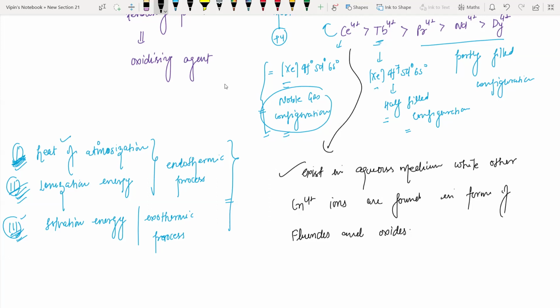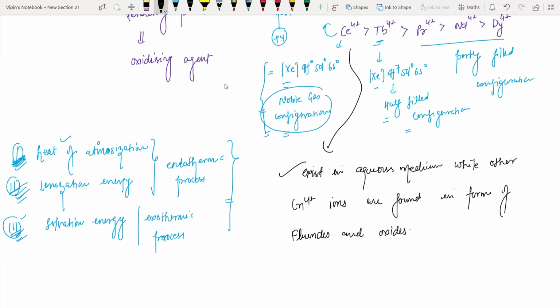So the cerium plus 4 oxidation state will be stable only when cerium interacts with any ligand, or with any solvent. Then the interaction energy of cerium 4 plus with the surrounding or solvent should be such that it will be able to compensate the energy required to get cerium 4 plus, that is, the energy required to remove the 4 electrons from cerium. Then cerium 4 plus will be stable.